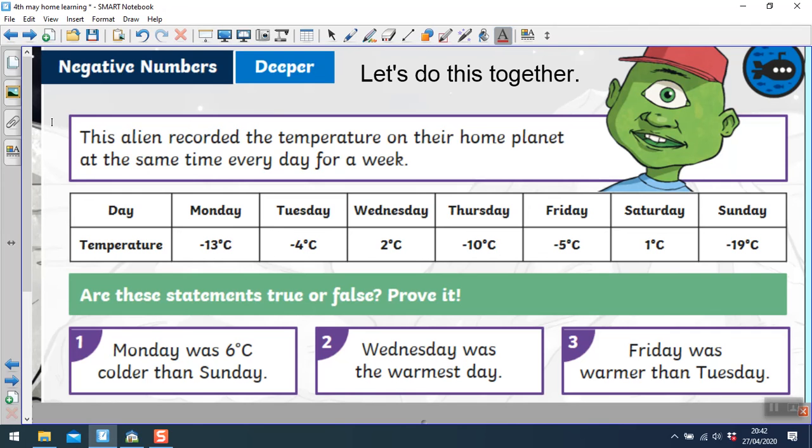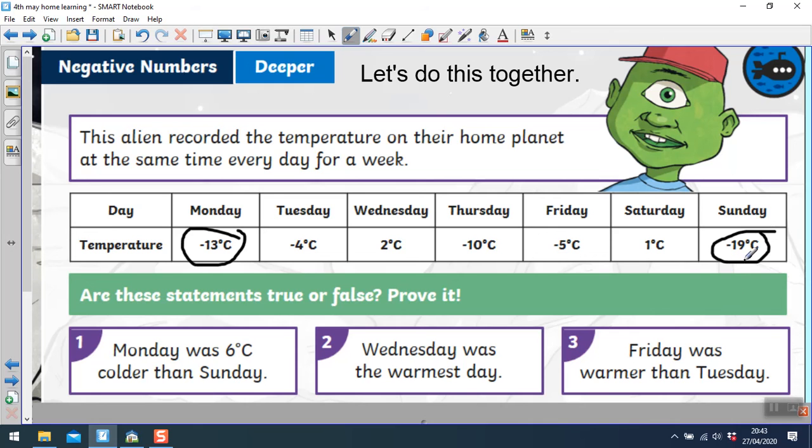Have a go at this, but to prove some statements. This alien recorded the temperature on their home planet at the same time every day for a week, and we've seen these temperatures before. Are these statements true or false? And prove it. Monday was 6 degrees colder than Sunday. I'm going to do these ones together. Monday was 6 degrees colder than Sunday.